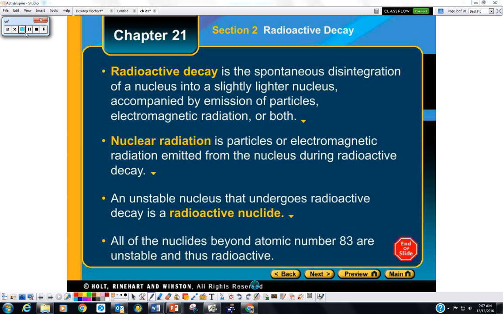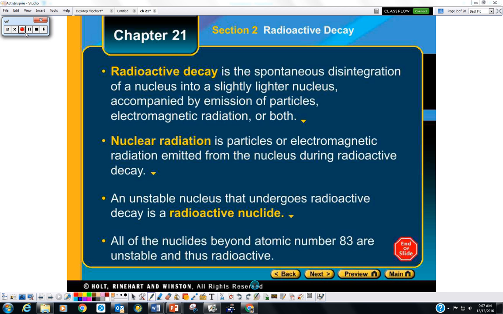So, it'd be like uranium-230, uranium-238, breaking down into thorium-234 or something like that. There are different types of radioactive decay, and that's what we're going to be talking about today. Alpha decay, beta decay, gamma ray, things like that.